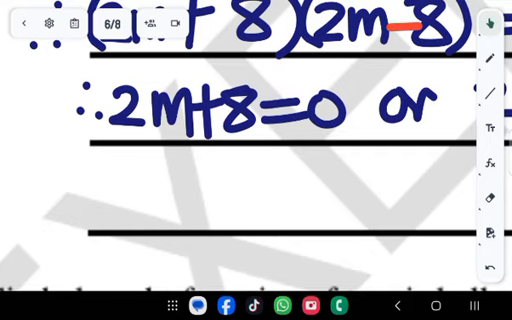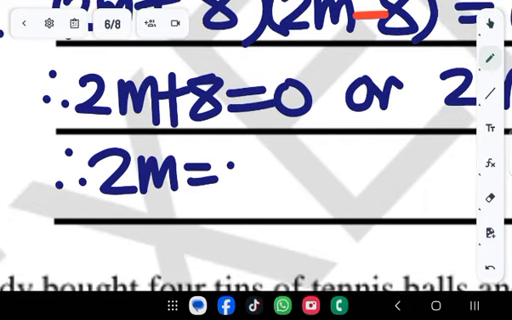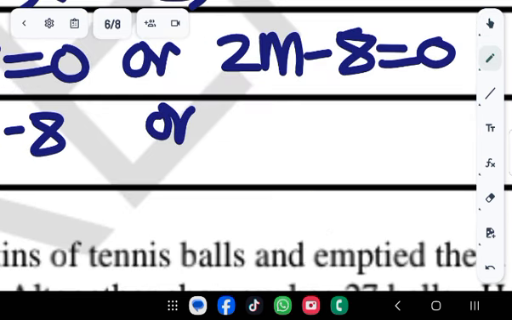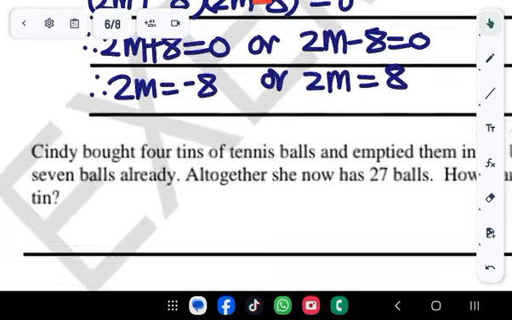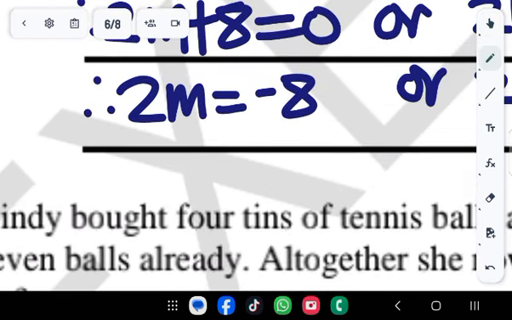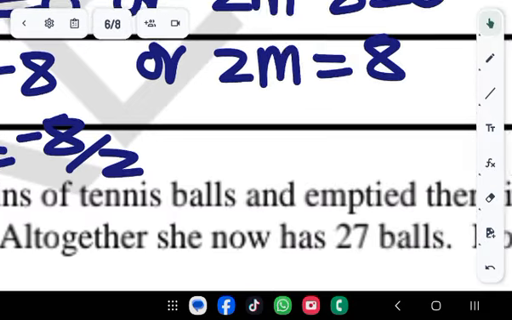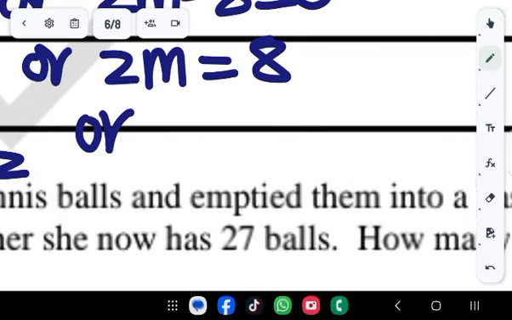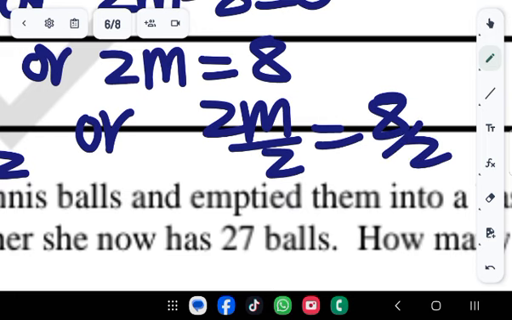Now you take 8 across: 2m equals negative 8, or 2m equals positive 8, and now you divide both sides by 2. So 2m over 2 equals negative 8 over 2, or same story over here, 2m over 2 equals 8 over 2.